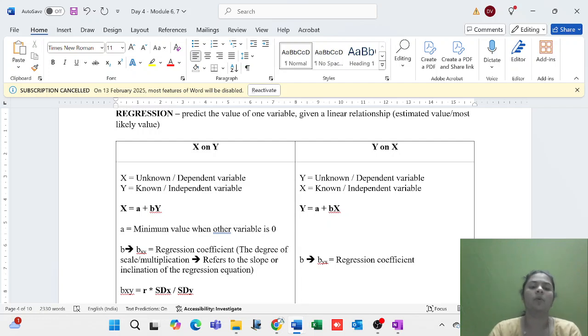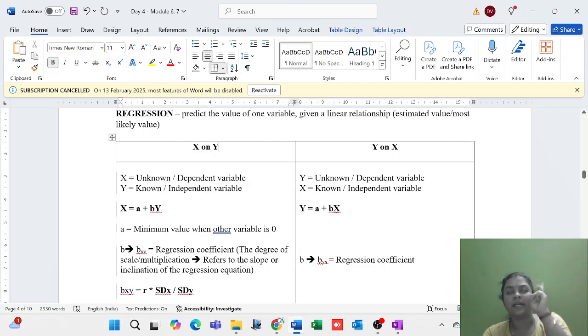Okay. Now what is the form of regression equation? There is only one correlation coefficient between two variables, but there are two regression equations. One is called x on y, where x on y means the first value x is dependent on y. Same way, if I say y on x, the first value y is dependent on x.